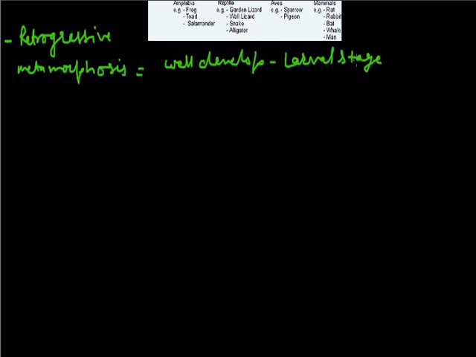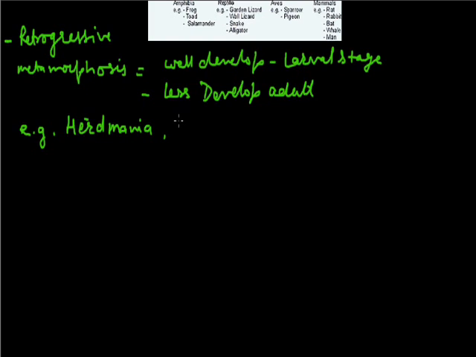All the functions, like reproduction and others, are performed by the larval stage, and the adult is less developed. Such development is called retrogressive metamorphosis. Examples of this phylum are the sea squirt, Herdmania, and Doliolum.